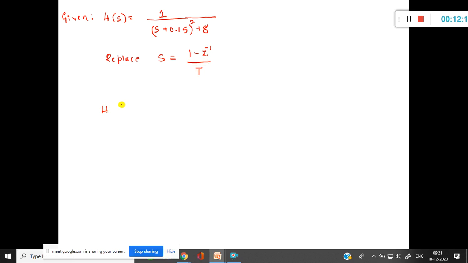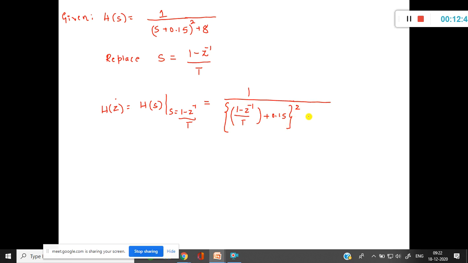Therefore, H of z is equal to H of s, where s is equal to (1 minus z inverse) by T. So this is equal to 1 divided by, s replaced by 1 minus z inverse divided by T, plus 0.15, this entire thing squared, plus 8 as it is.